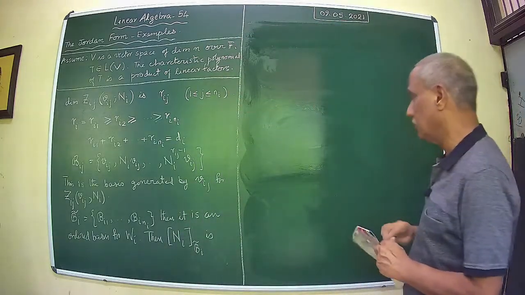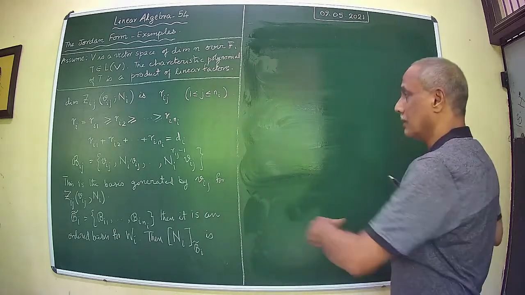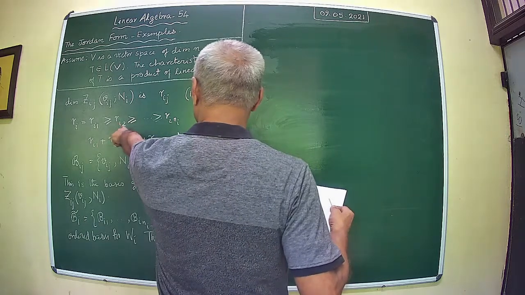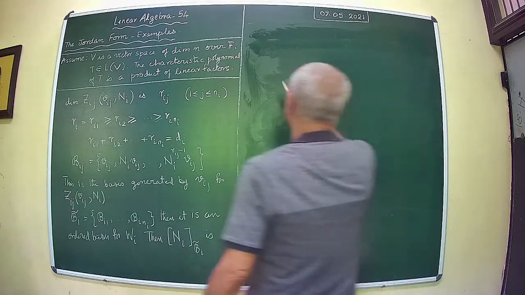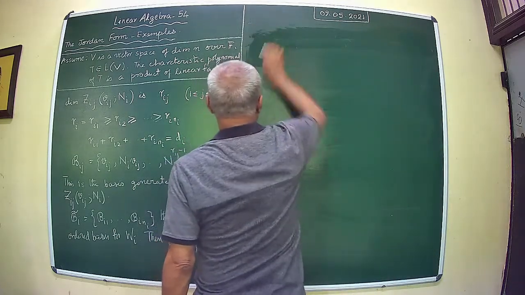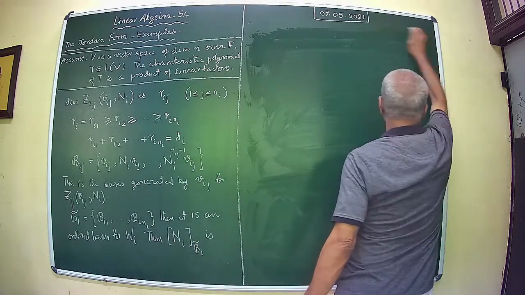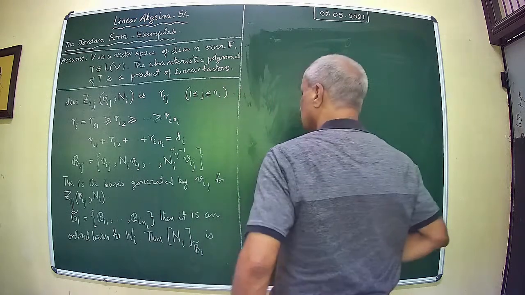This is equal to, you recall our condition, Ri1 greater than or equal to Ri2, etc. Therefore, we have got the cyclic decomposition given by the following. Okay, let me write this.